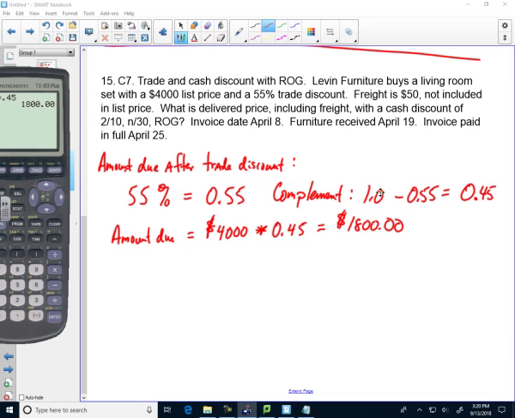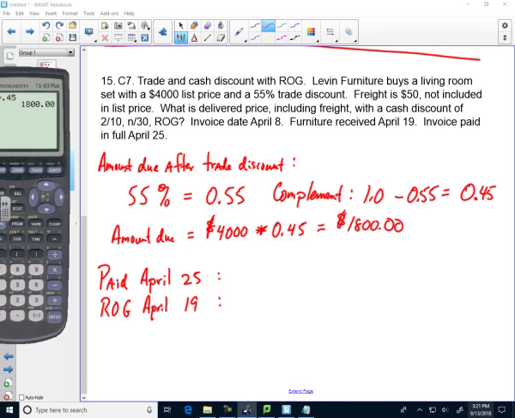So we'll look through here and it says invoice paid April 25th. And ROG, receipt of goods, that happened on April what? 19th.